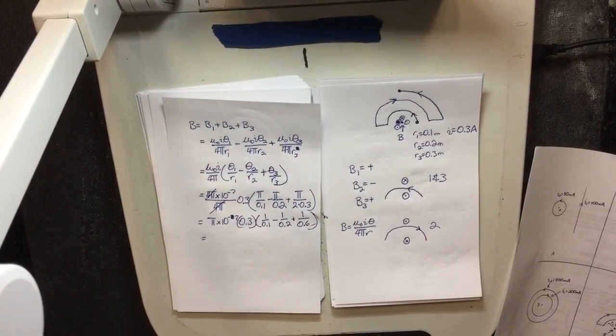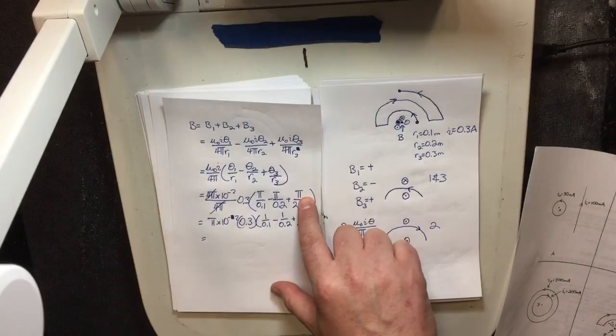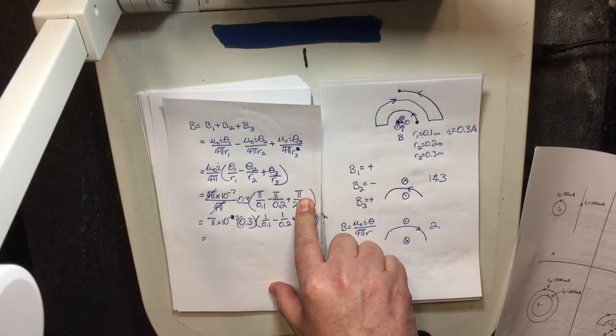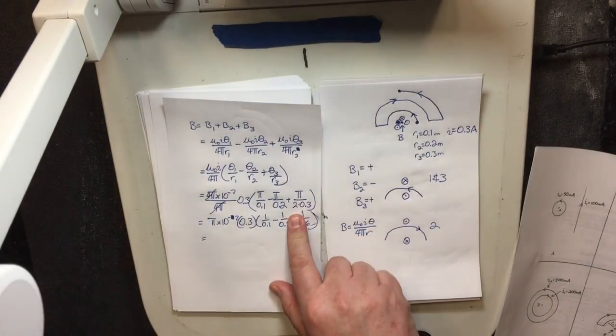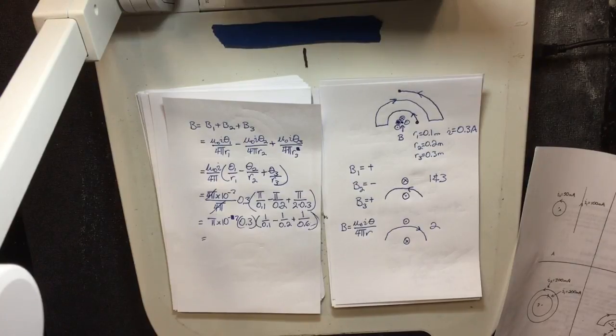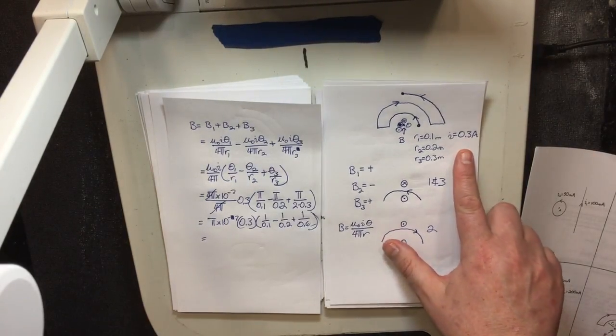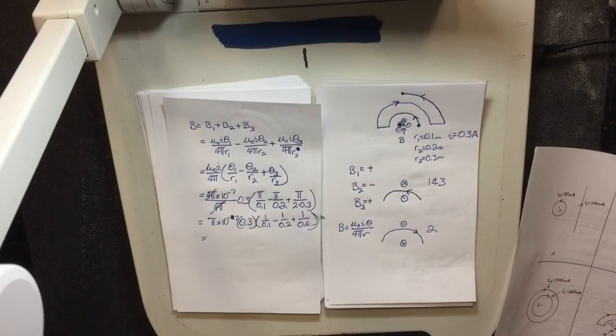Now, B fields can be positive or negative. That's okay. Why do you have 2 times 0.3? Because that theta is pi over 2. Where do you get the value for I? I gave it to you. Mu naught is a constant. Can you repeat why you did 2 times 0.3?